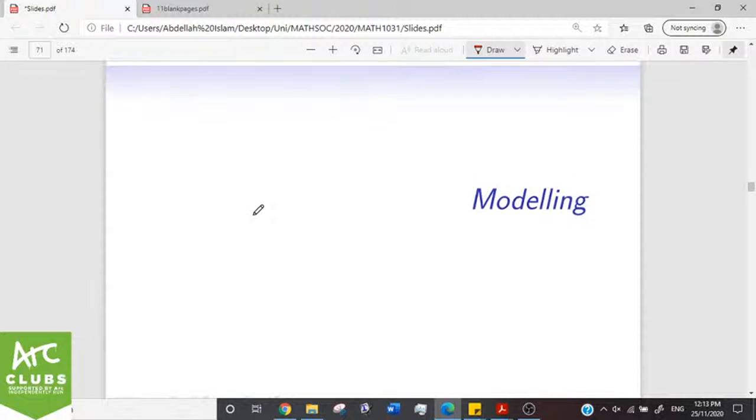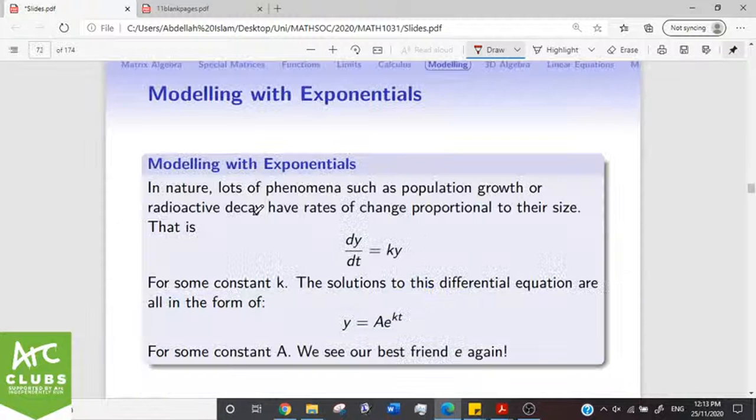Okay, in the next part, we actually want to use these to model things. One way we can model something is by how much it changes. So if it changes proportional to its own size, you can see this with species.